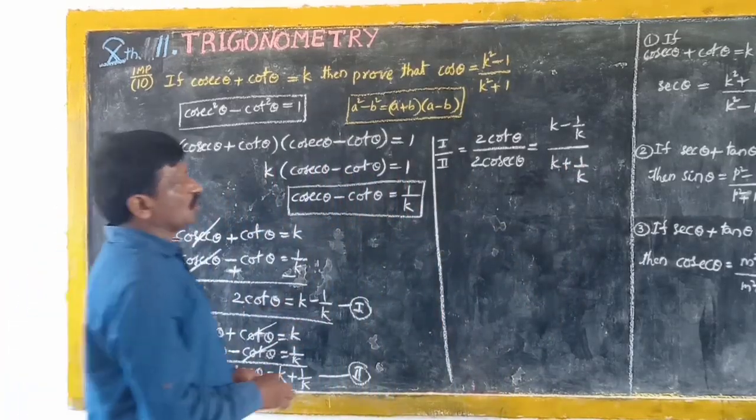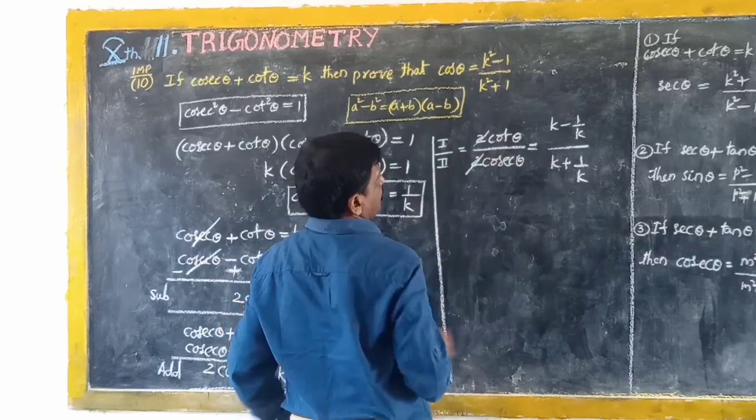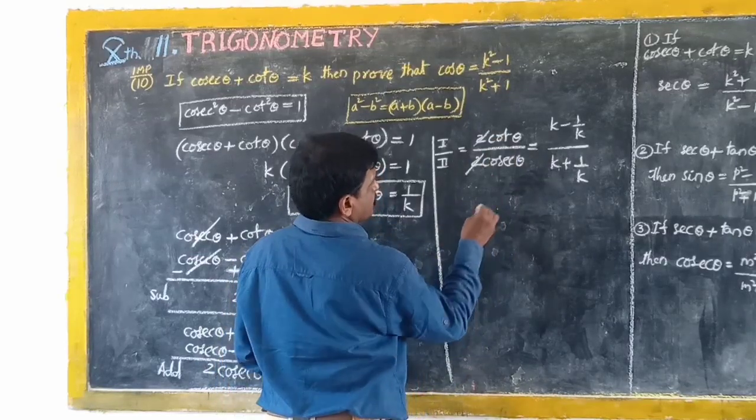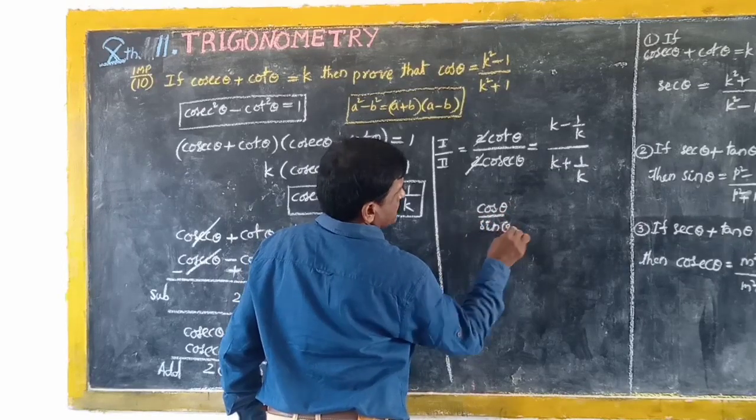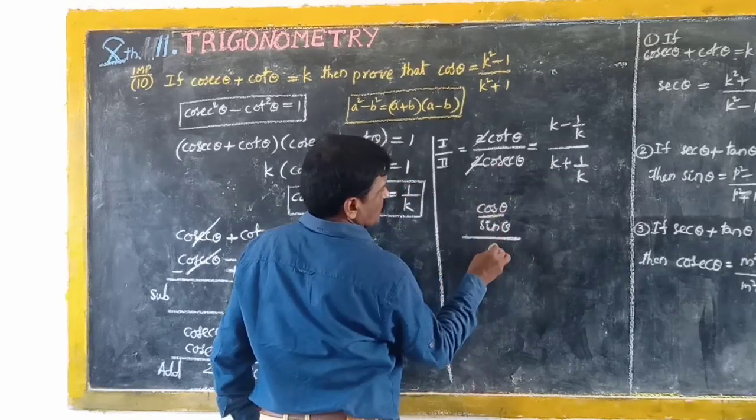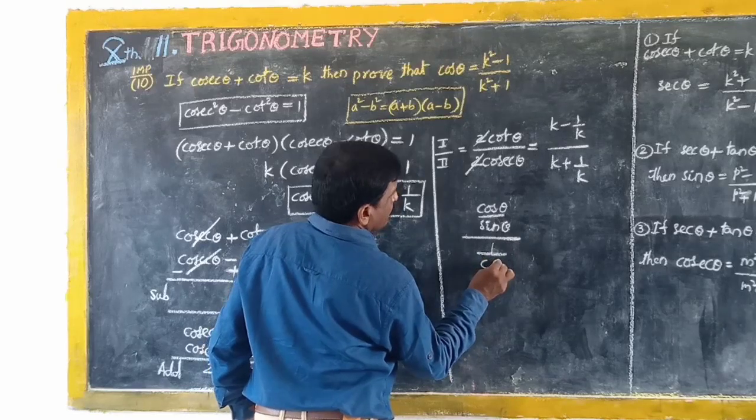So the 2 cancels. Cot theta means cos theta by sin theta, and cosecant theta is 1 by sin theta.